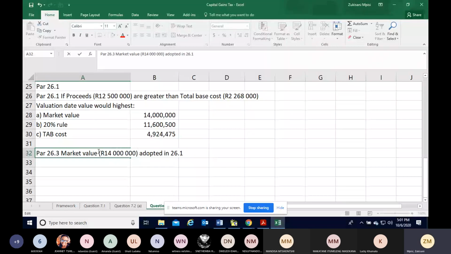If the market value adopted in 26.1 and proceeds adjusted are smaller than or equal to the market value, the valuation date value is equal to proceeds less allowable cost.